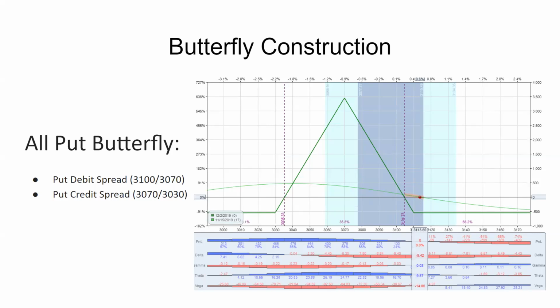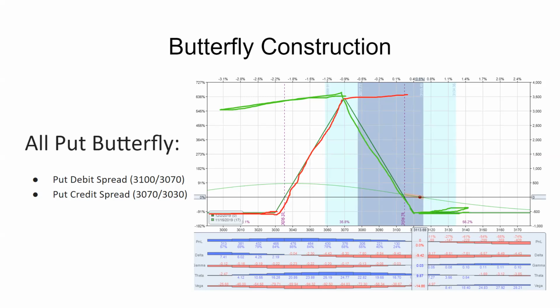We would construct this butterfly using all puts, and this butterfly would be put together by buying a put debit spread, which is 3100, 3070, and we would sell a 3070, 3030 put spread to help pay for the debit spread.